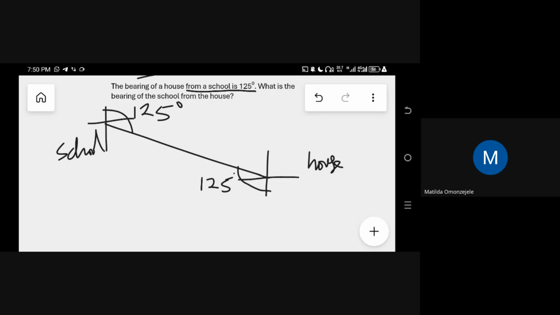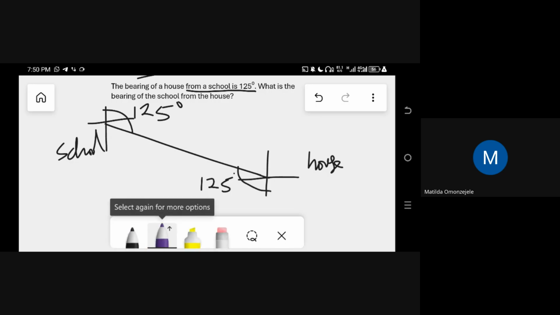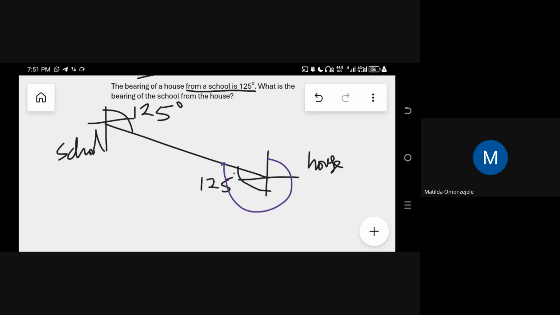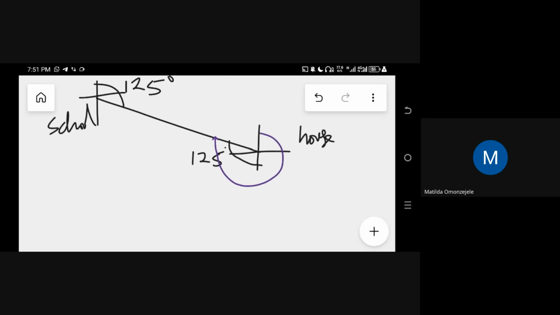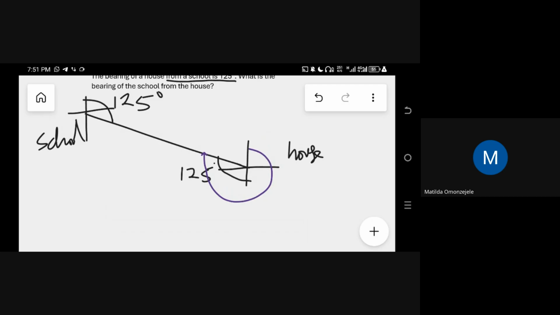Then to get the bearing of the school from the house, you will just simply count, remember, from the north until you get to the line.